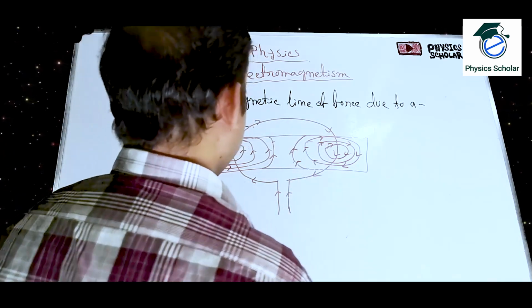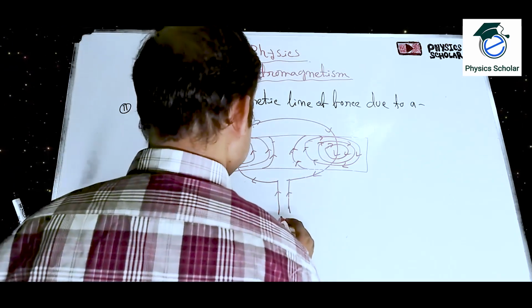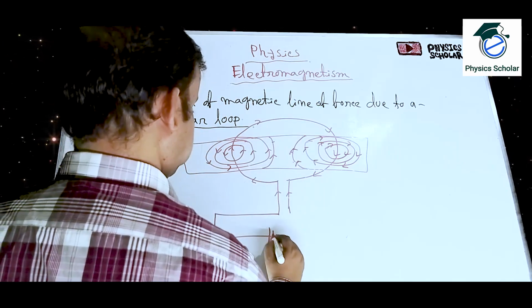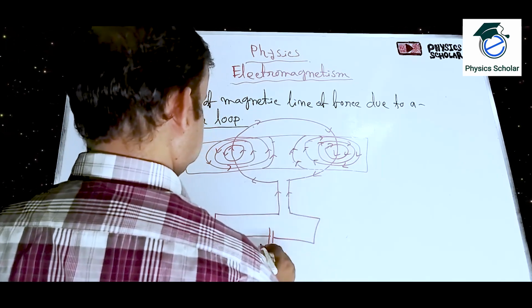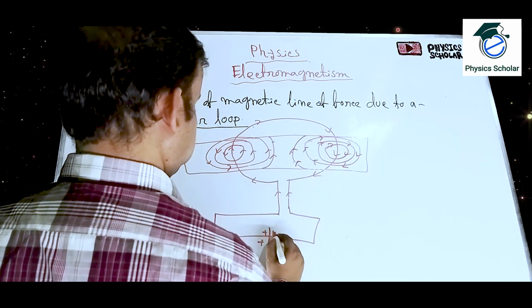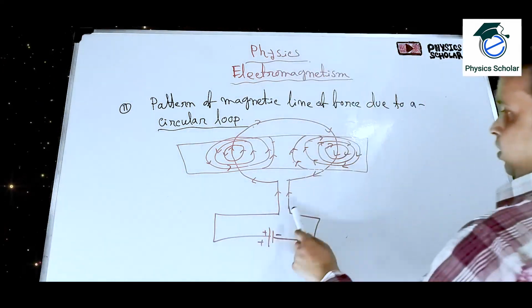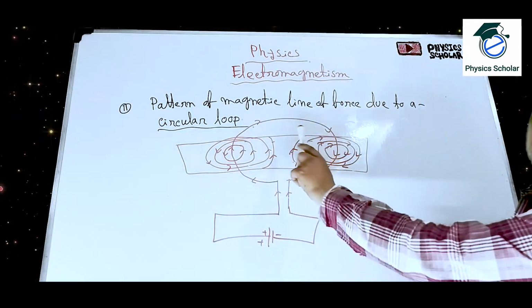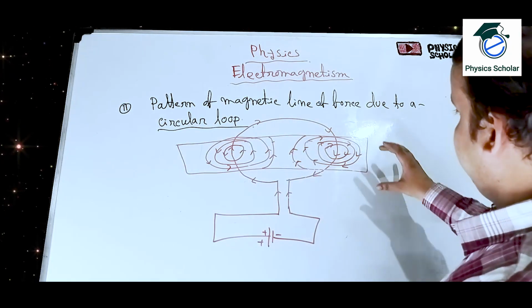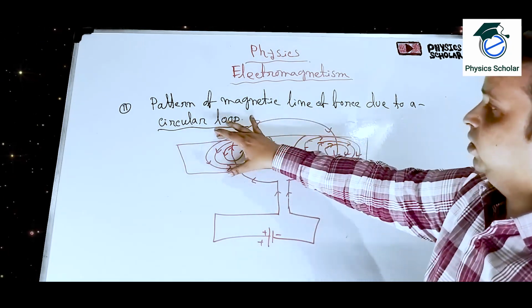Okay, so see, suppose this is a circular loop, and here a board is there.